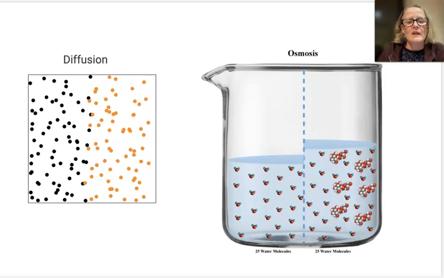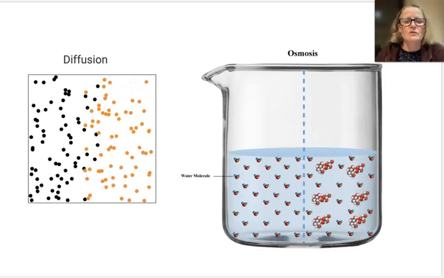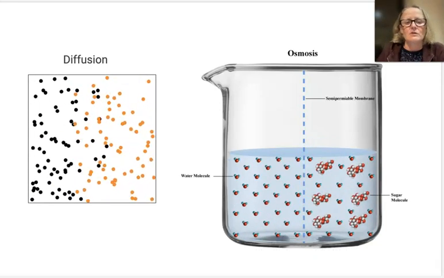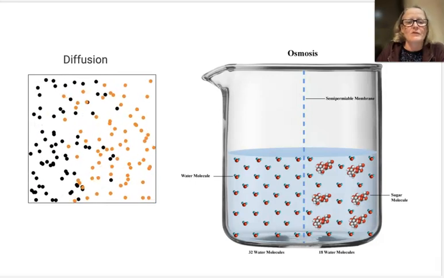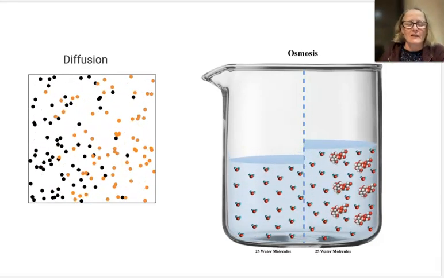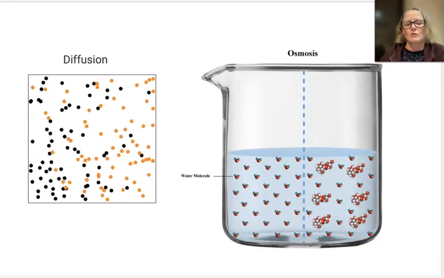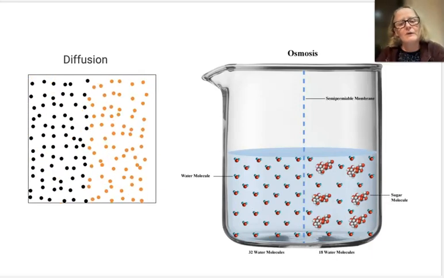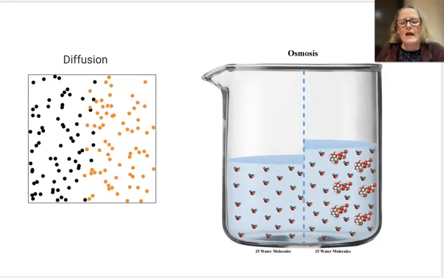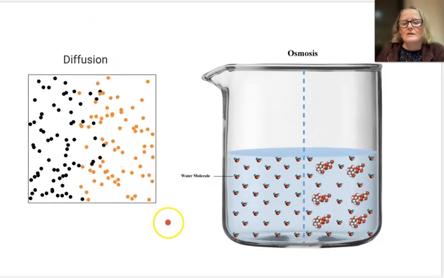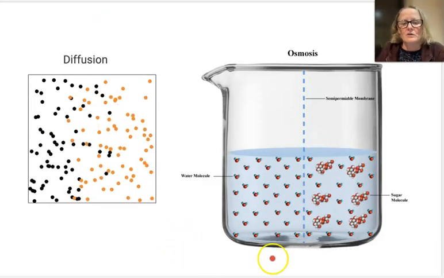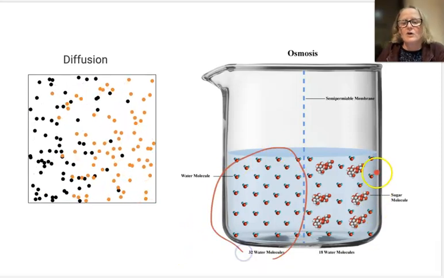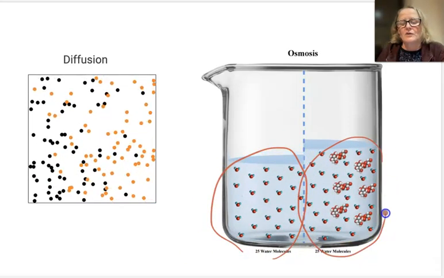So diffusion on the left, we're watching the orange particles mix with the black particles. There's no membranes involved, and eventually they become evenly dispersed, or they reach equilibrium, and then the whole picture resets. On the right, we have osmosis, and we have a dilute solution on this side and a concentrated solution on the right.